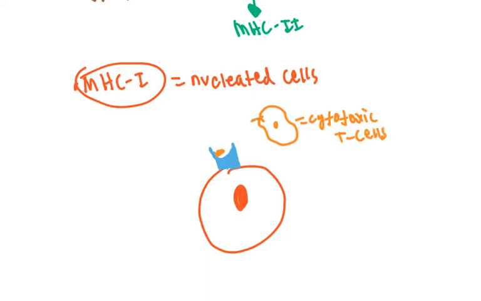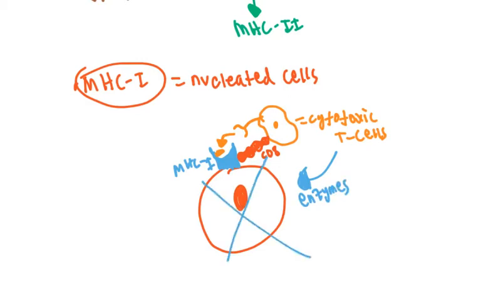These T cells have a specific receptor, bind onto the complementary antigen, and use their CD8 glycoprotein to attach onto the MHC-1 complex. They can then release enzymes to lyse the infected cell.